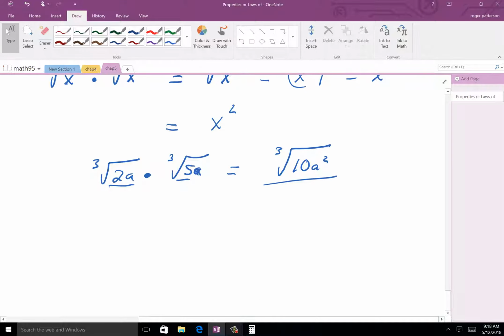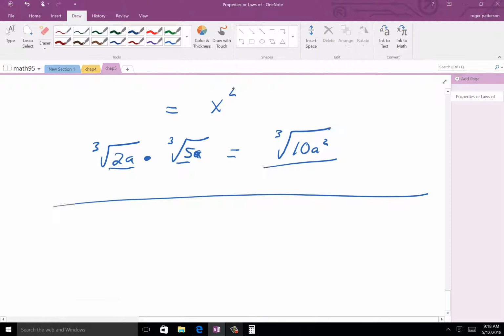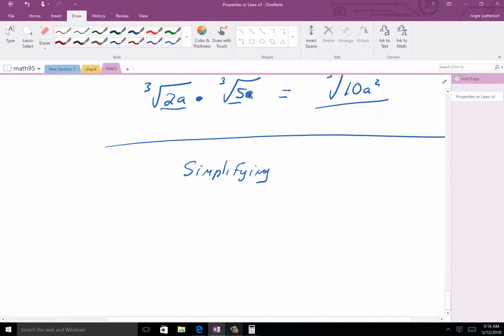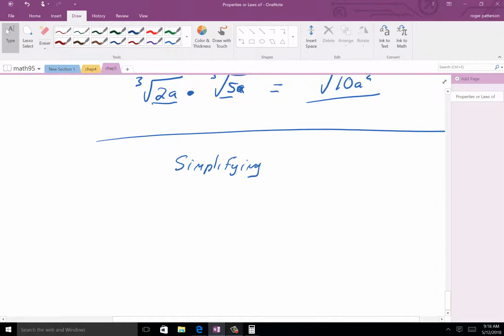So we did pretty much some multiplying. Now let's do some simplifying. Now here, again, on the simplifying, it's good to know this stuff here. I'm going to go a little ways.